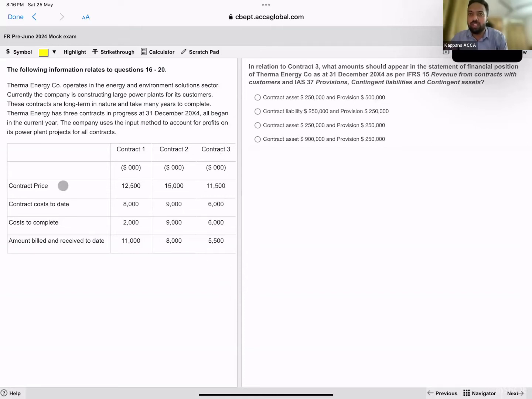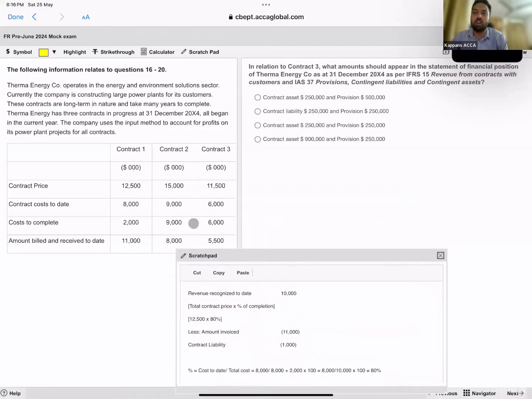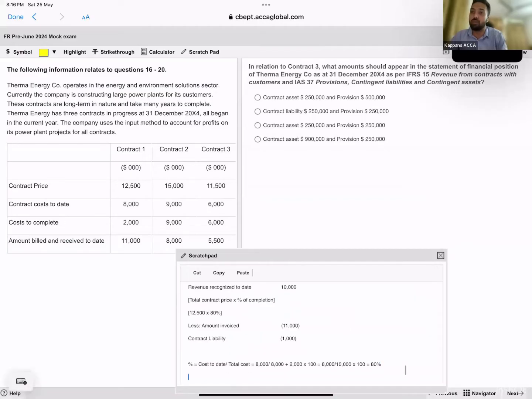So most probably there could be a loss with respect to contract 3. If you see this, the contract price is 11,500 and the total cost is contract cost to date 6,000 plus cost to complete 6,000. So total cost is 12,000.